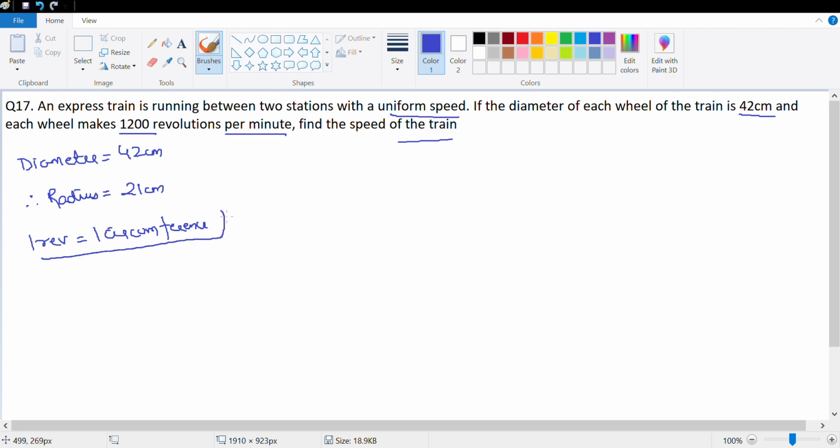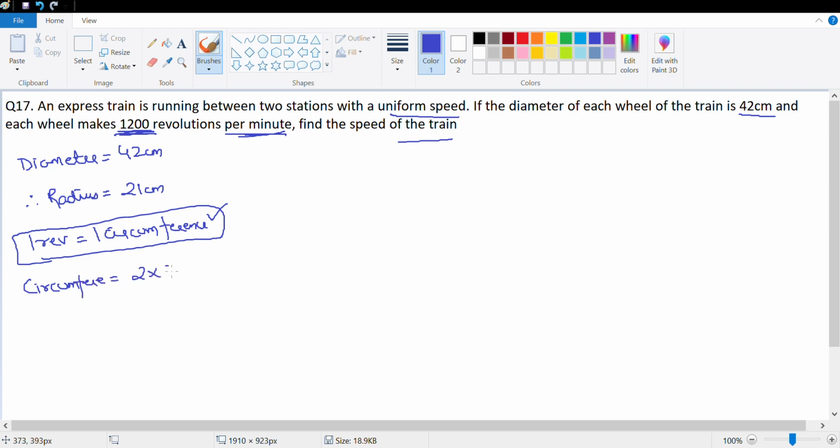So one revolution is basically one circumference distance traveled. Right? So in one revolution, distance traveled is equal to one circumference. In this case, it is making 1200 revolutions. So how much distance is it traveling? Let's figure that out. And this is per minute, so that should help us get the speed of the train as well. So circumference would be 2πr.